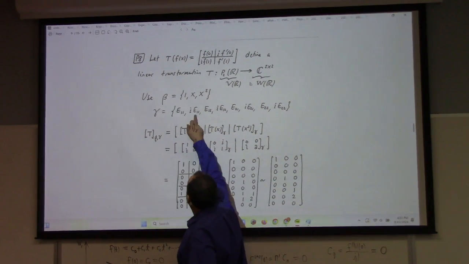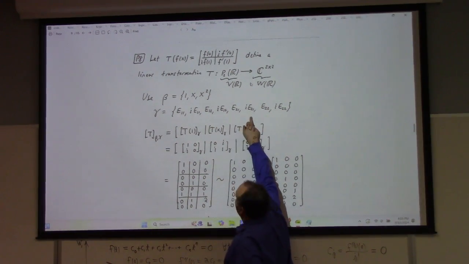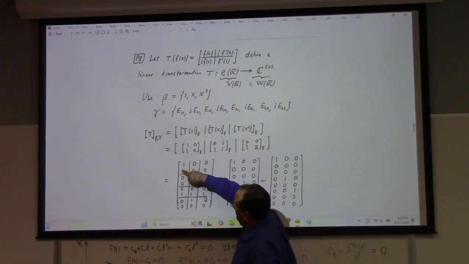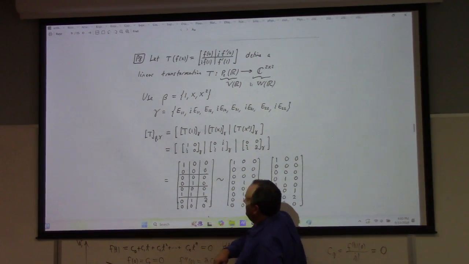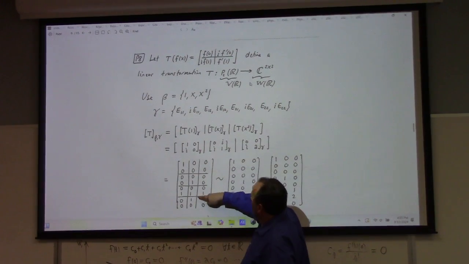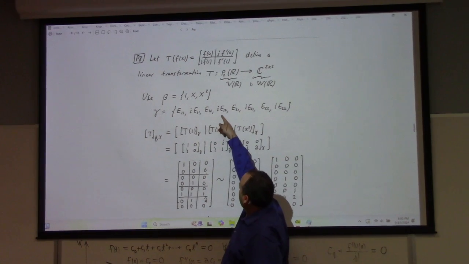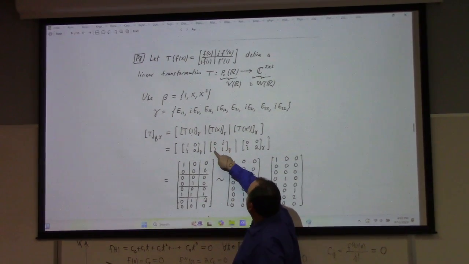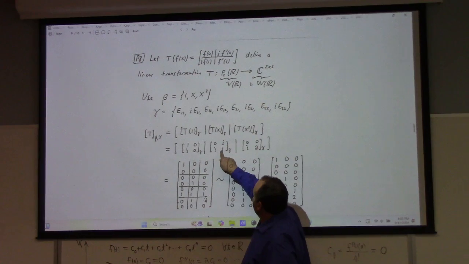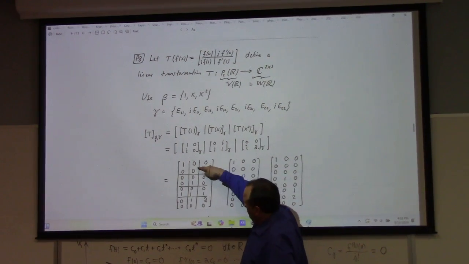I need an i in the 2,1 spot. That's why there's a 1 here. And this one, I need an i here. Where does that come from? Well, that comes from this, and this comes from that, and that comes from that, which is why I've got this pattern here.